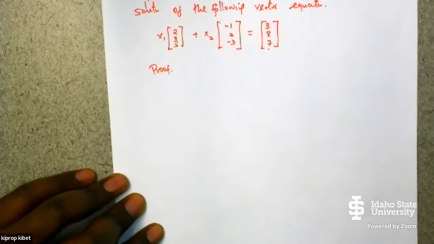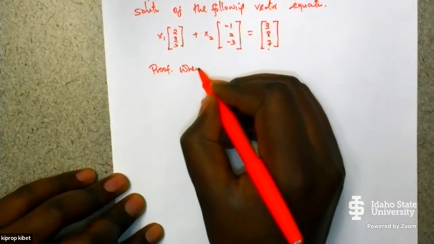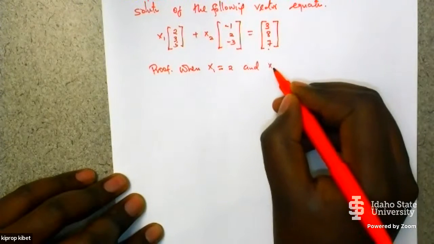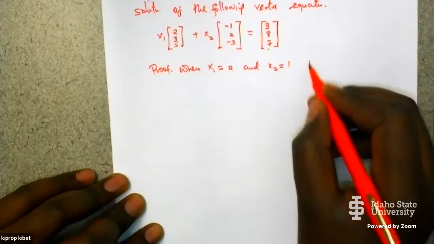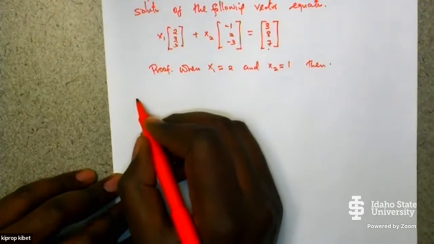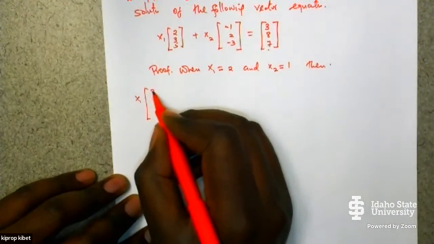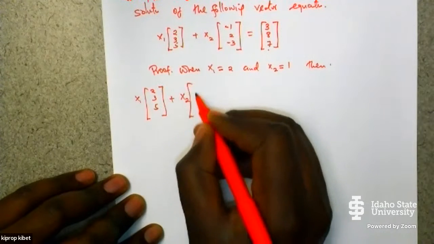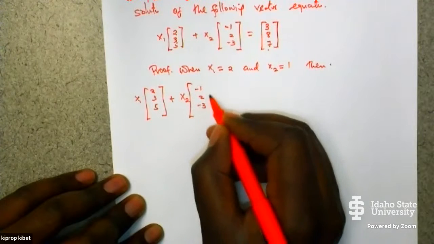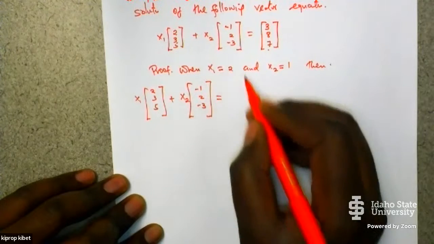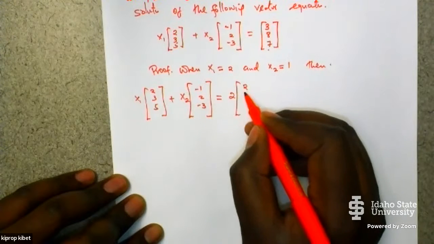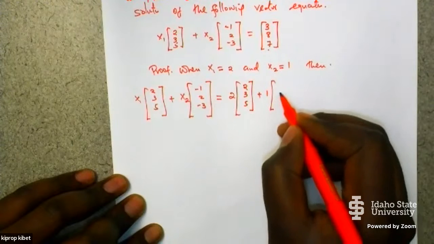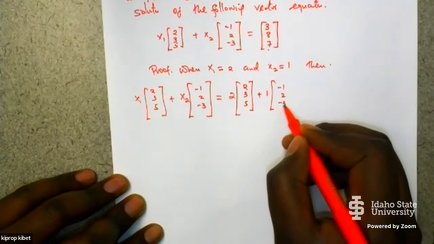Now, when x1 equals 2 and x2 equals 1, then x1 times (2, 3, 5) plus x2 times (-1, 2, -3) equals 2 times (2, 3, 5) plus 1 times (-1, 2, -3).